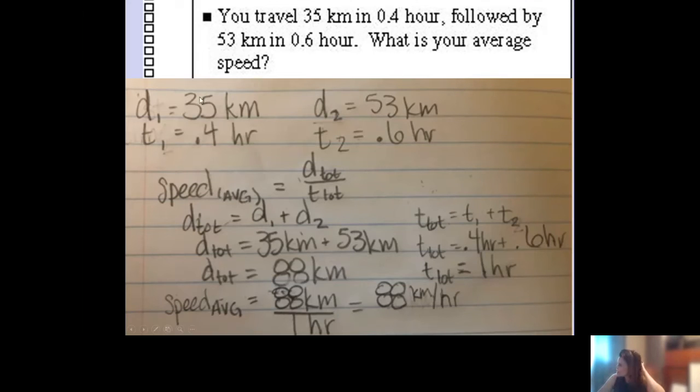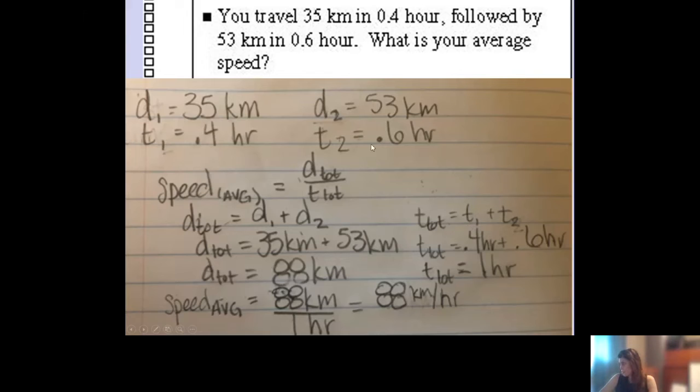So if you have a distance and a time and another distance and a time, and you know that your average speed is your total distance over total time, then the steps you take to solve this problem are: you find the total distance by adding 35 kilometers plus 53 kilometers to get a total distance of 88 kilometers. And then you add both times.